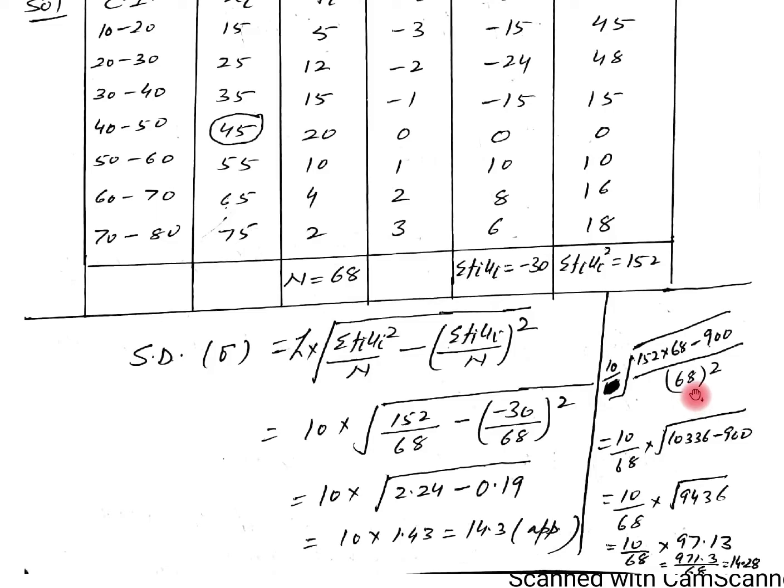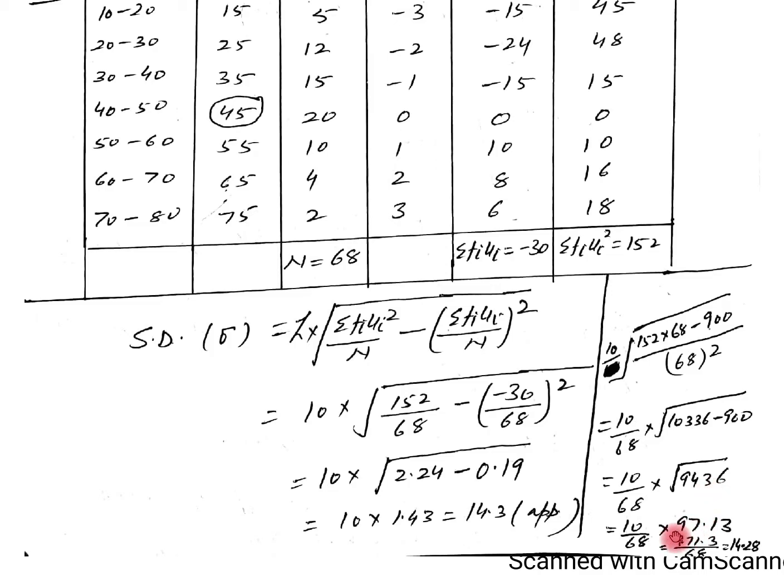Then 68 square we can take out of the square root. 10 by 68 into, multiplying it and subtracting 900, it is 9436. Then taking its positive square root by the long division method, we get 97.13. Simplifying again, we are getting 14.28. This is another way to do the calculation. Either you can do the calculation this way or that way. It is up to you to find the standard deviation.